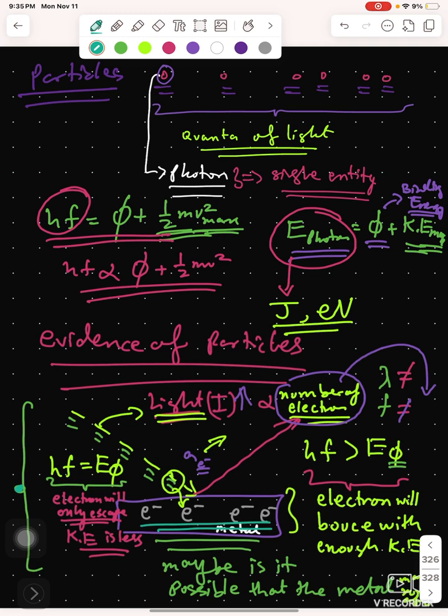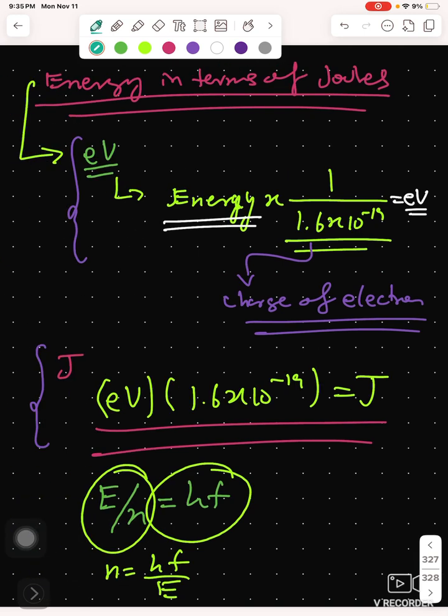The generation of electrons is very fast, even faster than the photons hitting them.